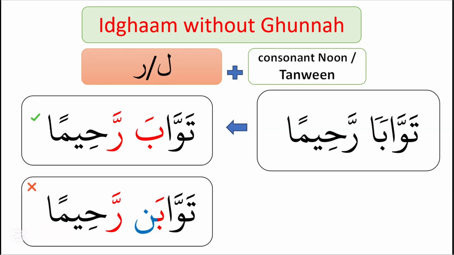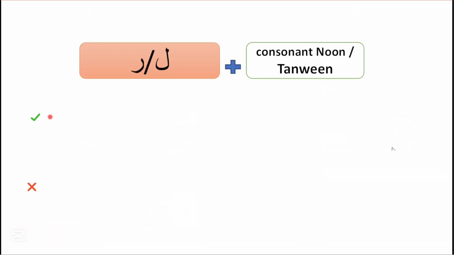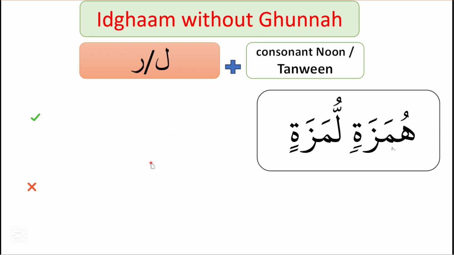Okay, so this is for the tanween fatha, but this rule can happen also with tanween kasra, like in this example. Here we have this word, the first word, whose last letter is ta marbuta, with tanween kasra.